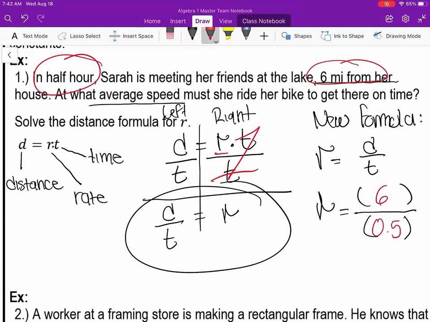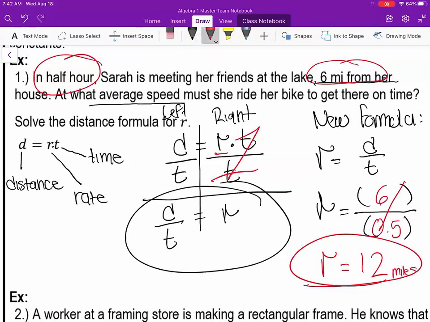And all we got to do is do the math. Well, what is 6 divided by 0.5? You can grab your calculator, put in 6 divided by 0.5, and that gives you 12. So the rate is 12, which means that it's going to take an average speed of 12 miles per hour to get to the destination.